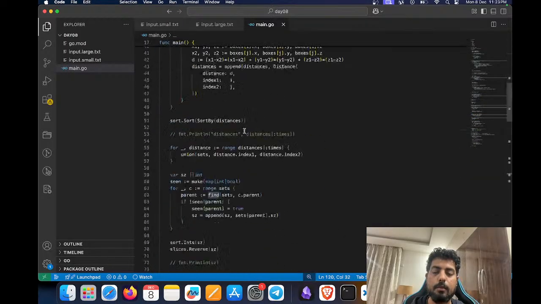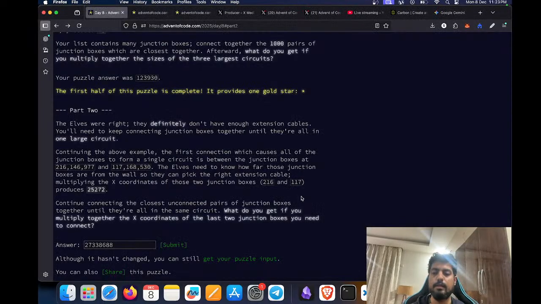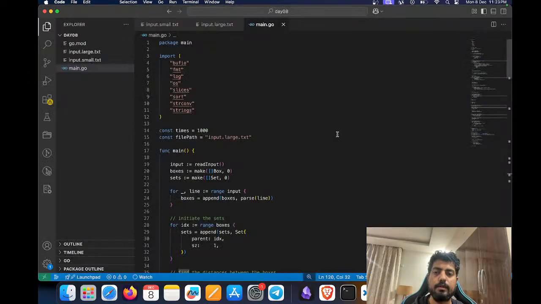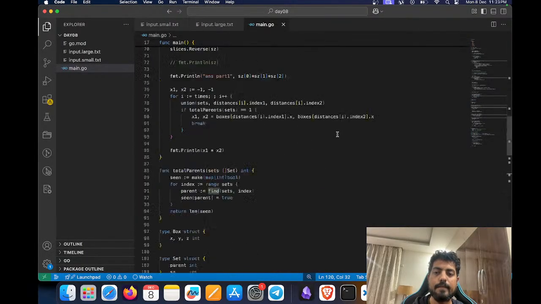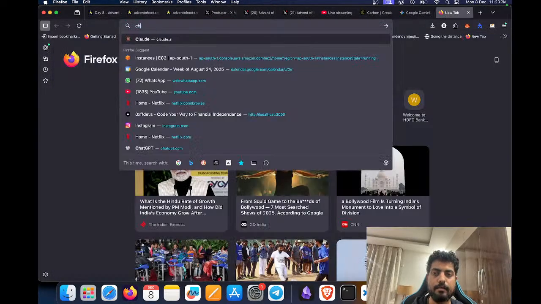So this is one small optimization that helps us make this solution faster. So yeah, this is it guys. We were able to solve all 8 days of Advent of Code, and we were able to do both the parts. Obviously, we can convert this to Zig or Rust, but let's just convert this to Zig and see what we get here.